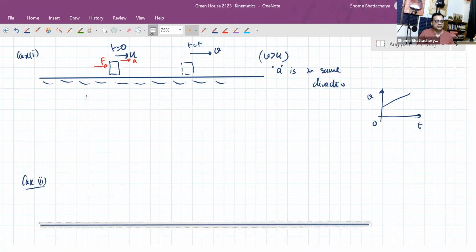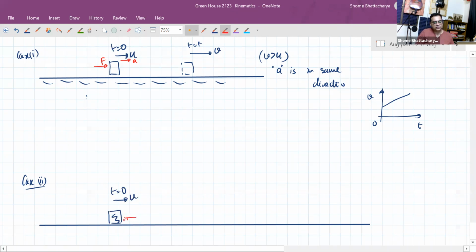But at least initially, what will happen if the force is acting from the opposite direction? So the acceleration vector is in the opposite direction. At t equal to 0, initial velocity is like this, but let's say I start applying a force in this direction. Now the acceleration is negative compared to the initial velocity.